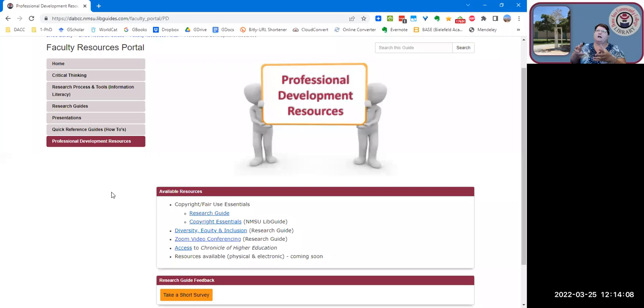So we now have that available for just-in-time teaching, for just-in-time learning, and we wanted to make sure that it was in an accessible, easy to navigate and use location that you could access regularly and hopefully incorporate into your courses, or contact us if you're missing something.